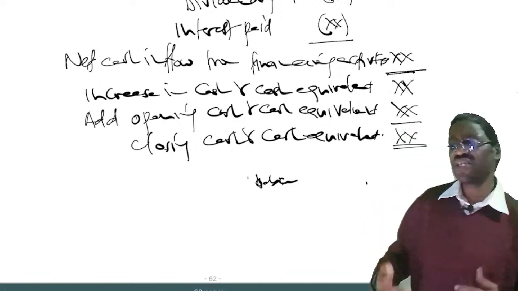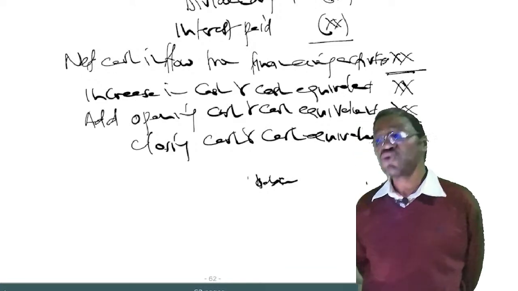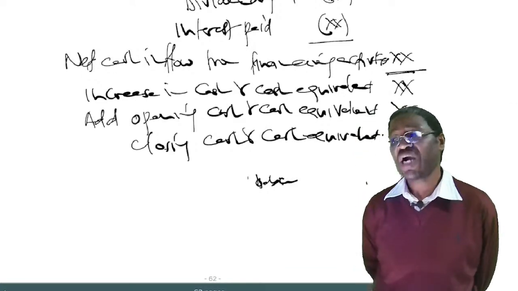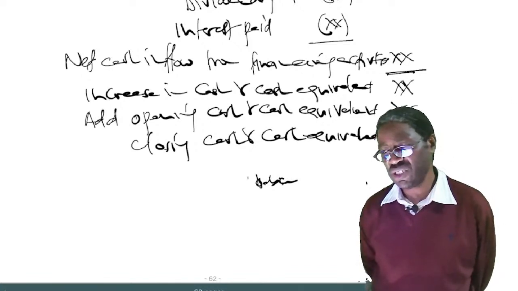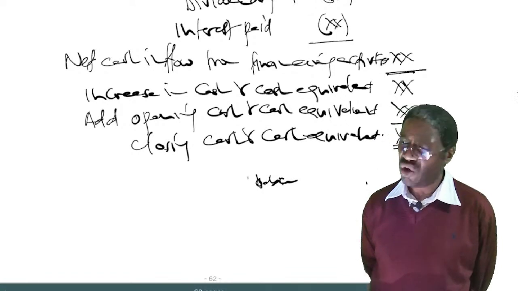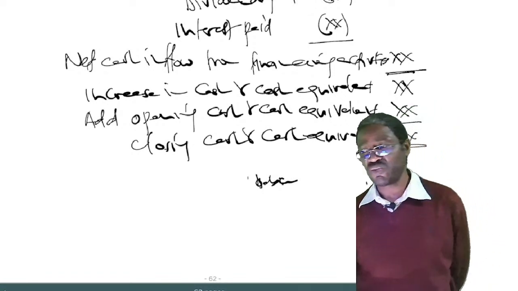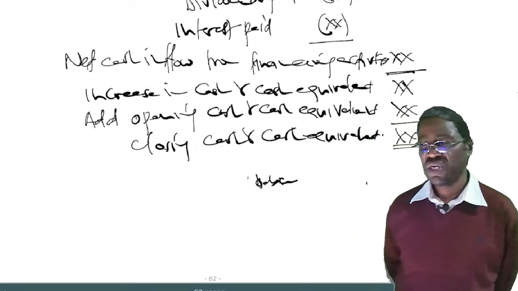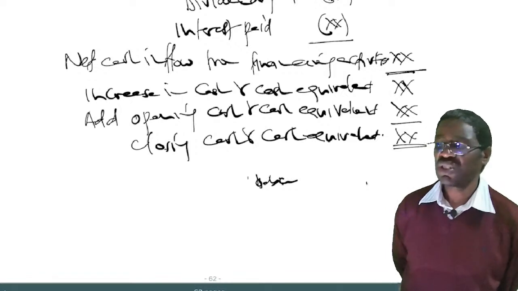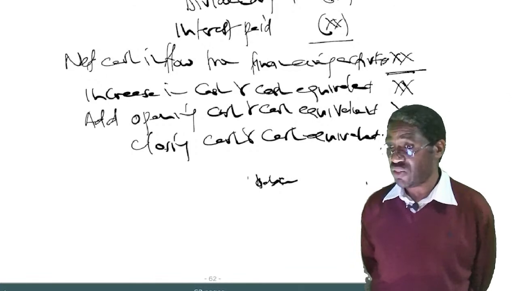So I've reminded you how you used to prepare a cash flow statement for an individual company using a method we are calling the indirect method. I've also told you that there is always another method which you used to call the direct method.